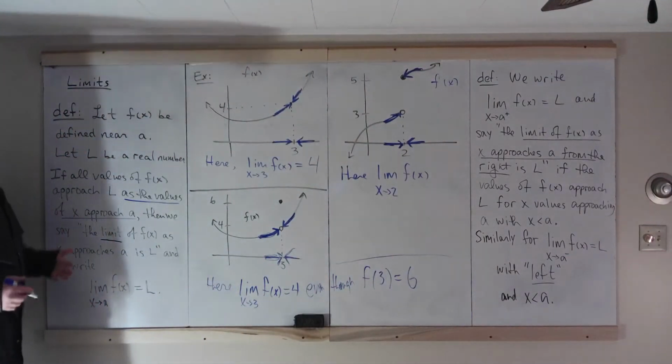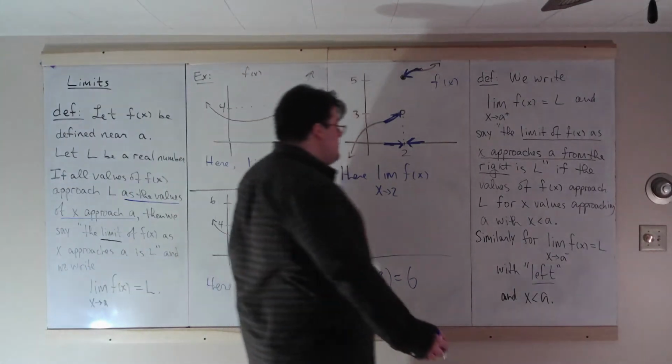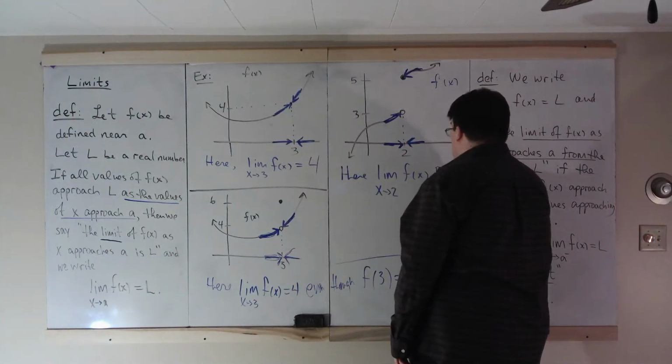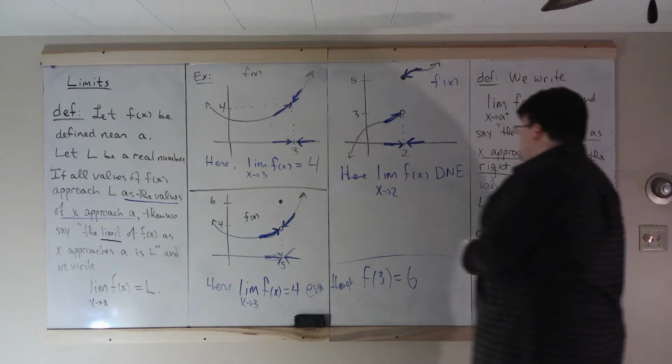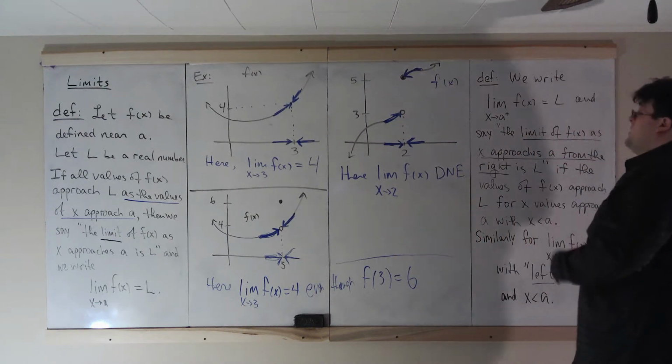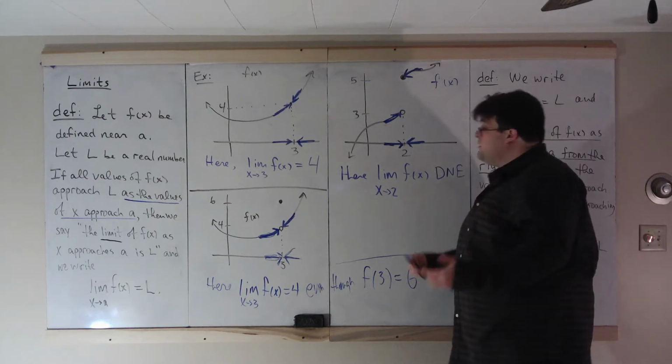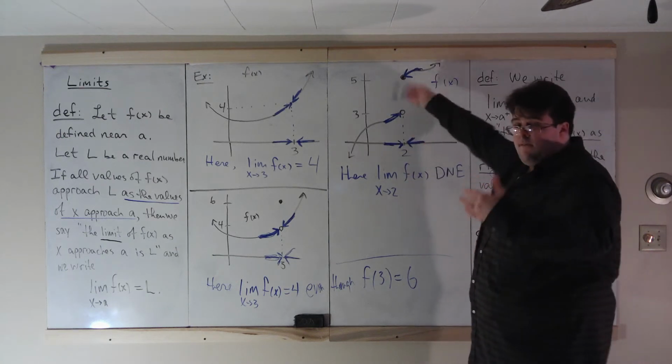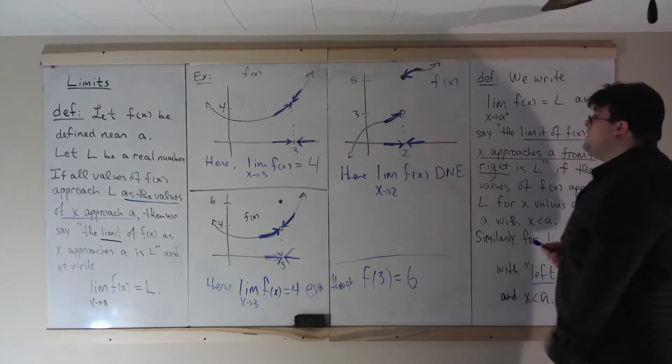When that happens, we say the limit does not exist. So here, the limit does not exist. It doesn't exist because all values of x do not approach the same y value as x approaches 2.